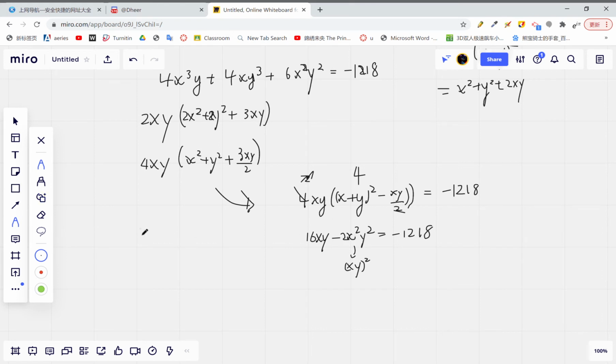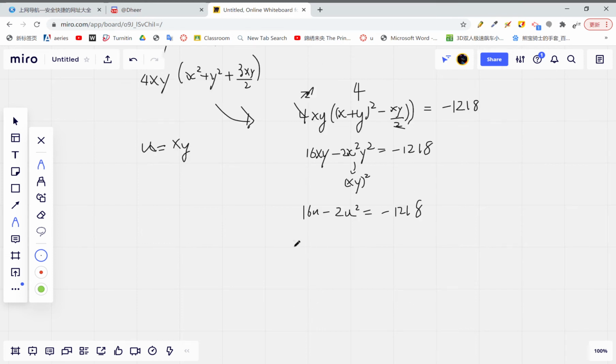Let's say u is equal to xy, which means 16u, oh my god, this writing is so bad. 16u minus 2u squared is equal to negative 1218. We're going to make it into a standard form.